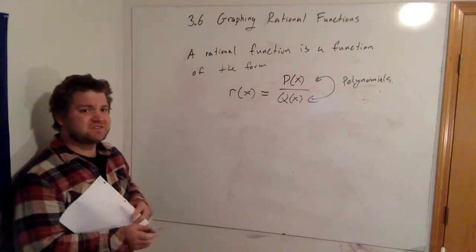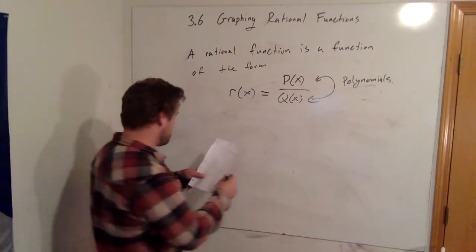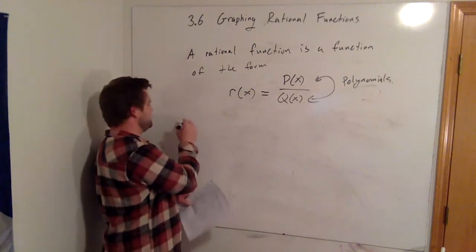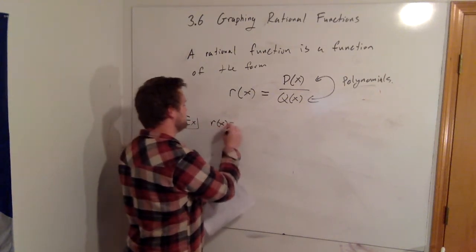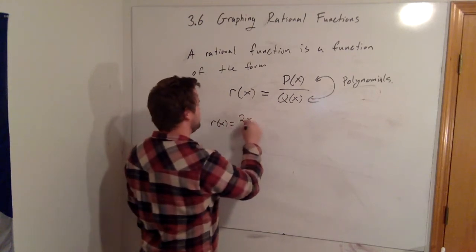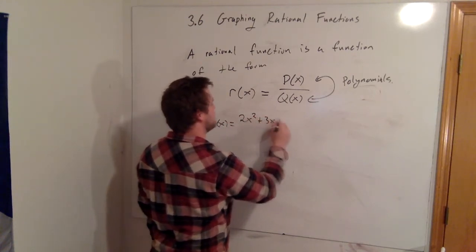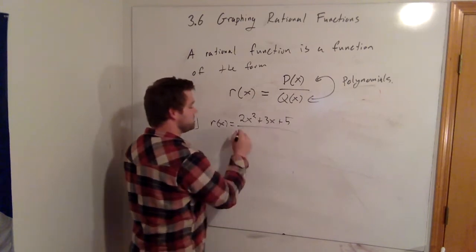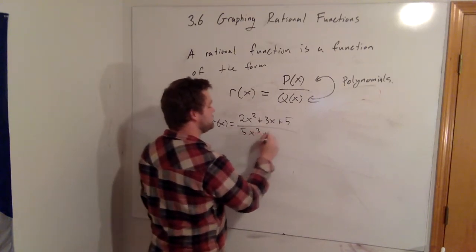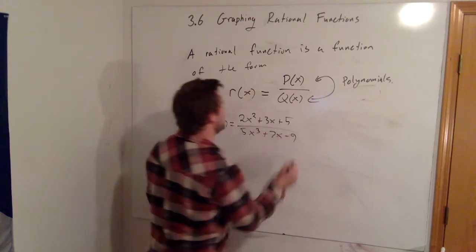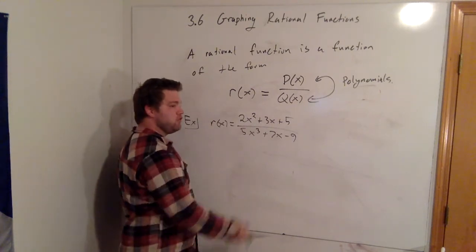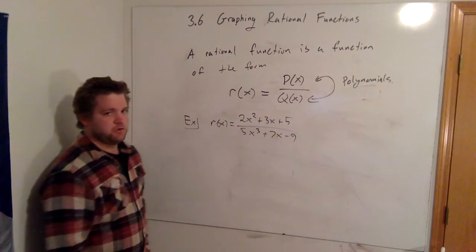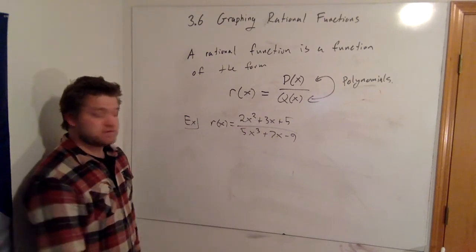Here are a couple examples of rational functions. Let's say we have 2x squared plus 3x plus 5 all over 5x cubed plus 7x minus 9. This is an example of a rational function. I'm taking a second degree polynomial and dividing it by a third degree polynomial. We want to be able to graph something like this.